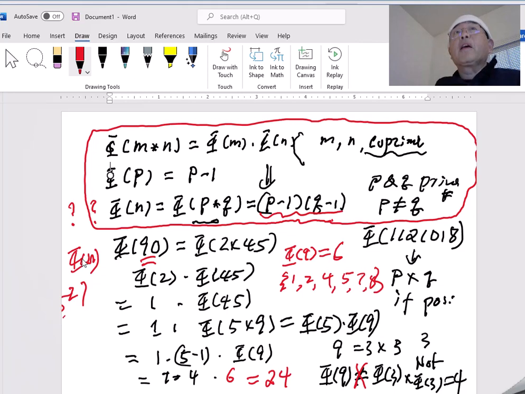In fact, the safety of RSA is based on the fact that the interceptor or attacker has a very difficult time figuring out these two factors. If he wants to calculate the totient, you give him the large number, he can't find it, because you have to break a large number into two prime factors. He doesn't know the two prime factors. He doesn't know anything. That's the whole thing about it.